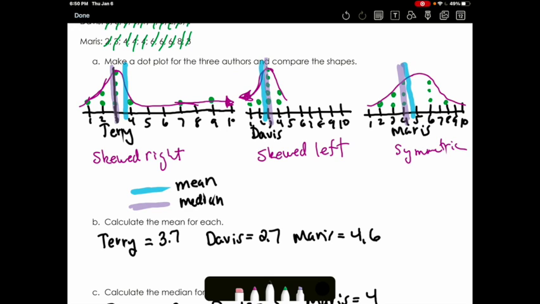But the other thing that we need to point out here is that when the data is skewed, the mean is going to get pulled in the direction of whichever way it's skewed.